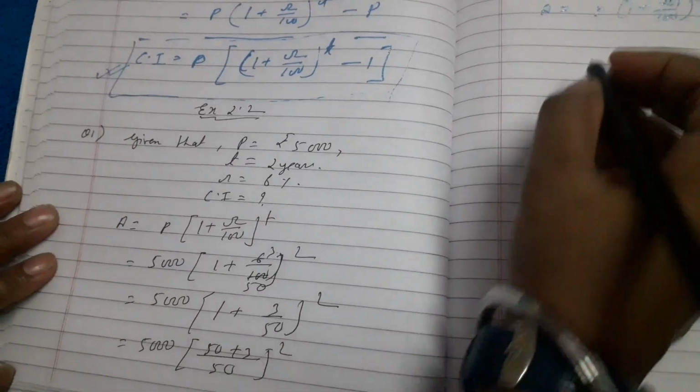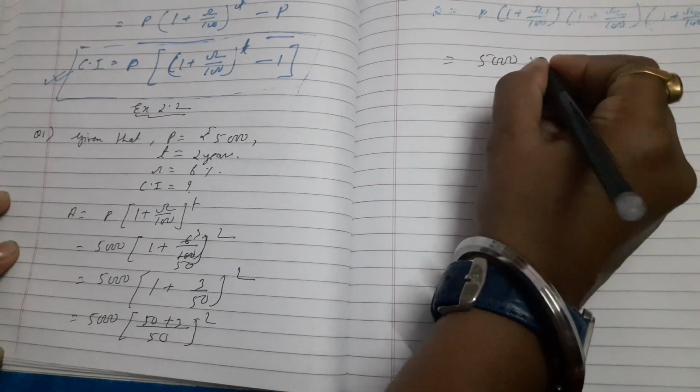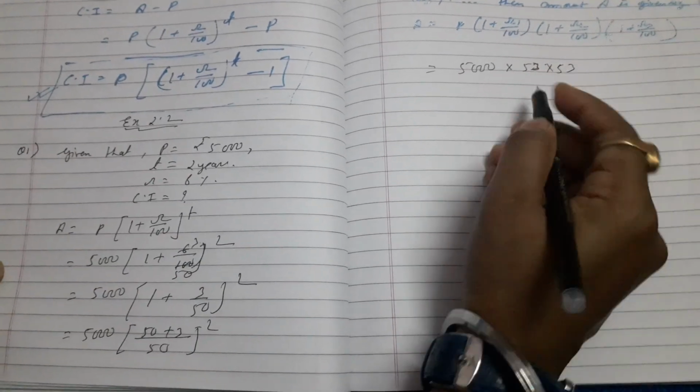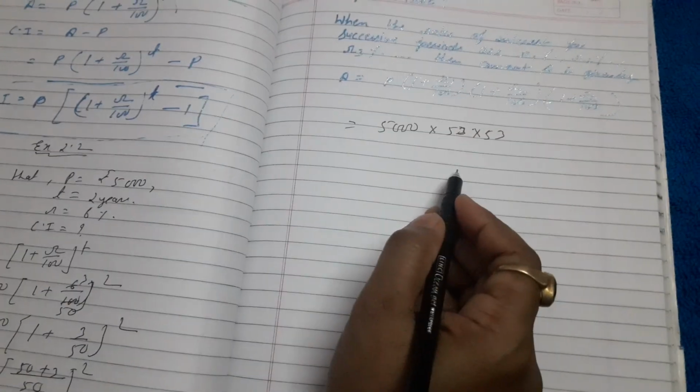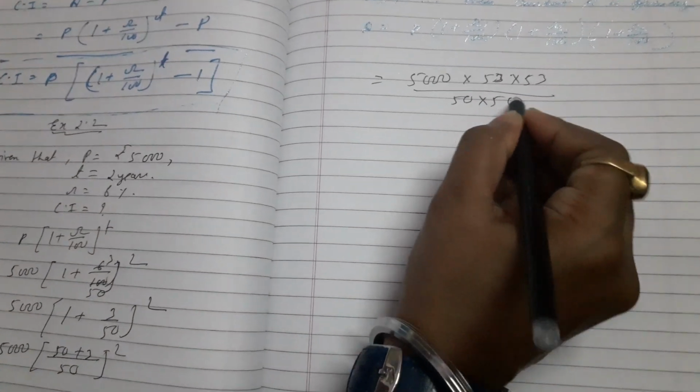Now it is 5000 into... I will open the bracket because there was a square sign, so 53 into 53 upon 50 into 50.